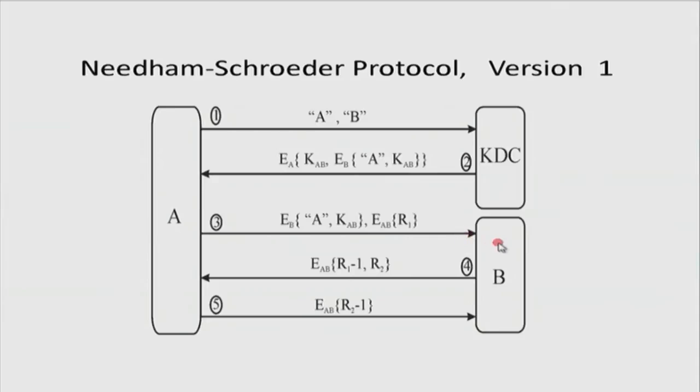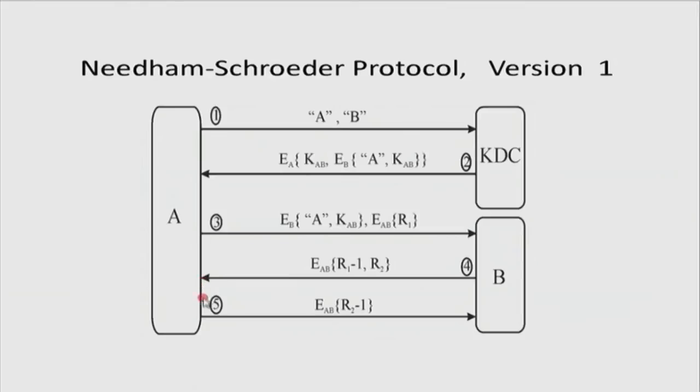He will be able to retrieve this session key, and with the session key, he'll be able to retrieve this nonce. So once he does all that work, he will then create a message which contains that nonce decremented by 1 and a fresh nonce which serves as a challenge to A. So basically B is saying, I have responded to your challenge. I've been able to obtain R1 because I'm the right guy. I'm decrementing it and sending it back to you for verification, and I'm also enclosing a nonce which is my challenge to you, this R2.